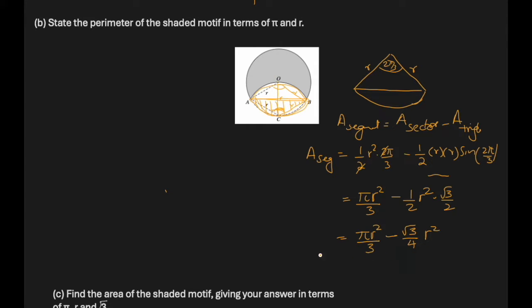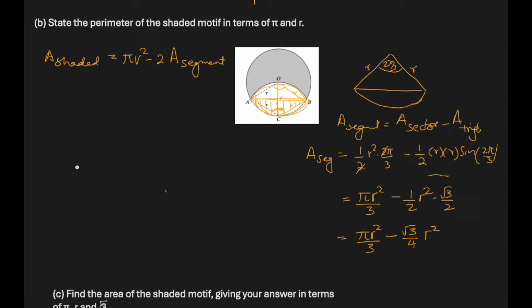Okay, the original plan was that if I find the area of this segment, I will double it, because the white parts are two segments and they are exactly congruent. They are reflection of each other, we can say. So twice of this will be subtracted from the whole circle. So area of the shaded motif will be area of the circle, whole circle, minus 2 times area of segment.